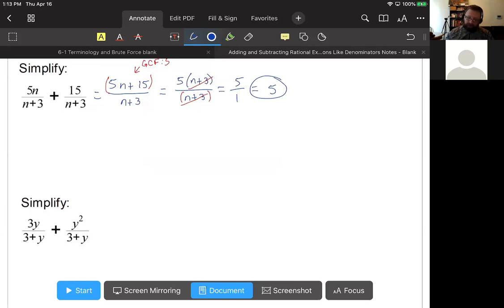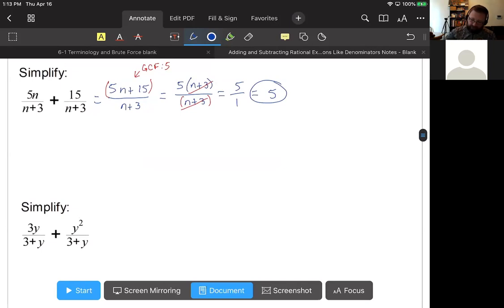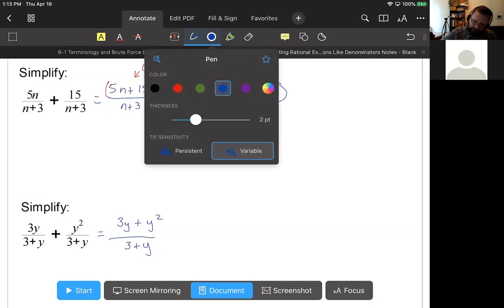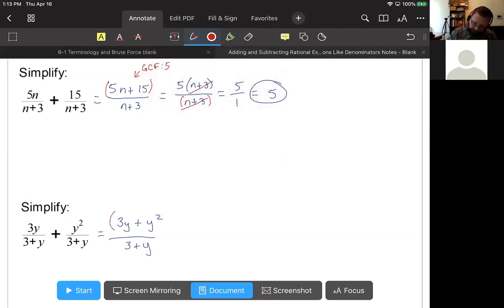Okay? Same thing on this problem down below. We already have a common denominator, so we're going to combine the numerators, 3y plus y squared over 3 plus y. Those are not like terms, so they cannot be added. However, there is a GCF in the top of y.